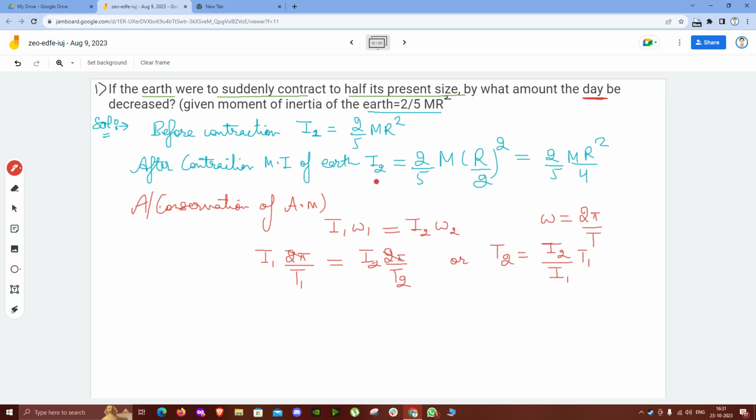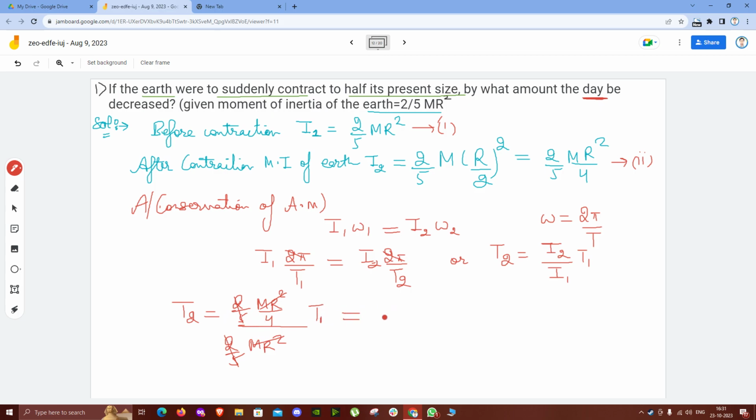Now you can substitute the values of I1 and I2 from equations 1 and 2, and we see that T2 will be equal to 2 by 5 mr square by 4 over 2 by 5 mr square. The 2 by 5 will cross off, and there was a T1 here as well, so T1 is here.